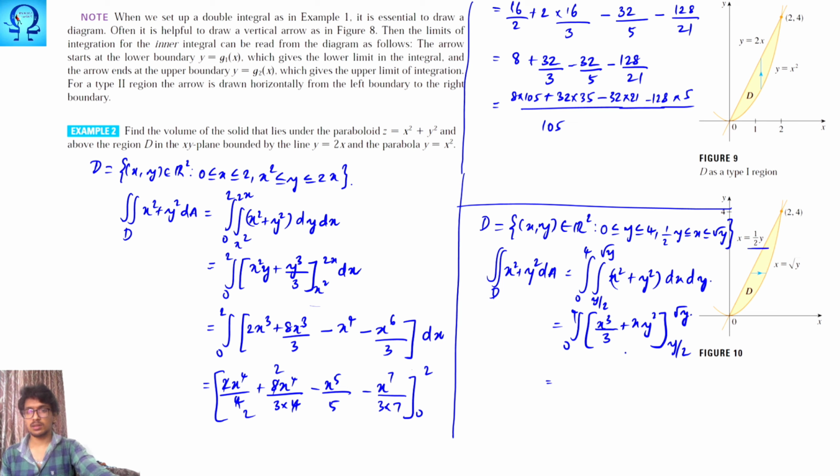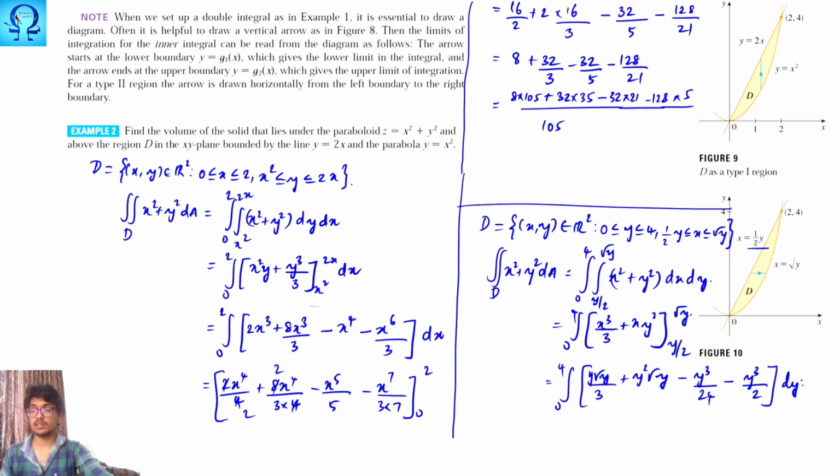And when you do the calculations and simplifications, you will get y root y upon 3, and when you substitute here, it is going to be y square root y, minus y cube upon 24, minus y cube upon 2. So this is what we have. This you will have to integrate with respect to y and do the simplification. In both the ways you are going to get the same result.